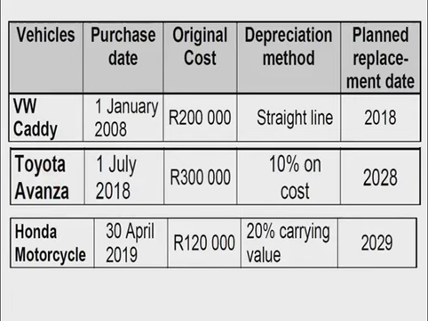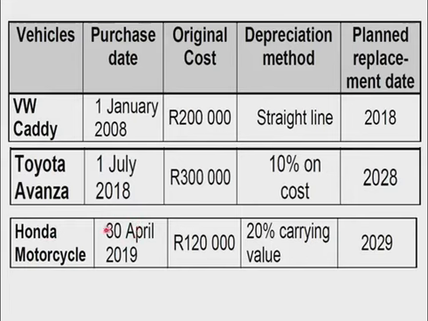We bought it in July, the 1st of July 2018, and the depreciation method is going to be 10% per annum on the cost price. And then we're going to replace that in the year 2028. The third item that we bought, it's a Honda motorcycle, but it forms part of vehicles.